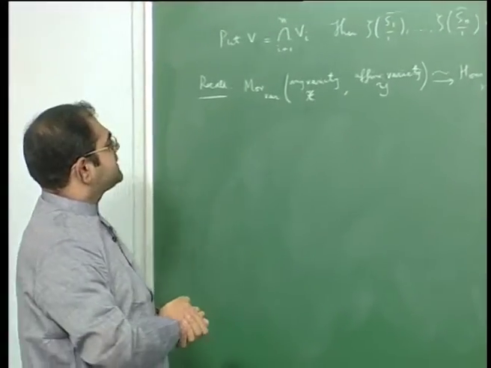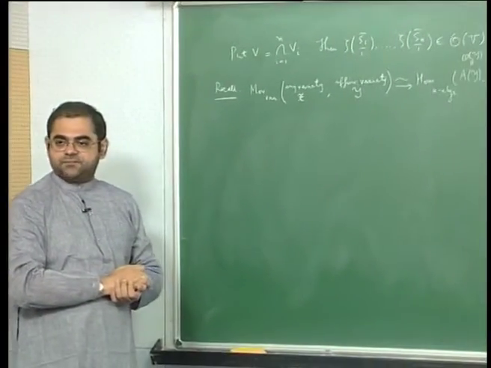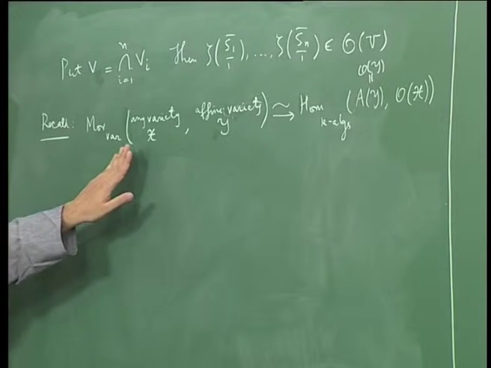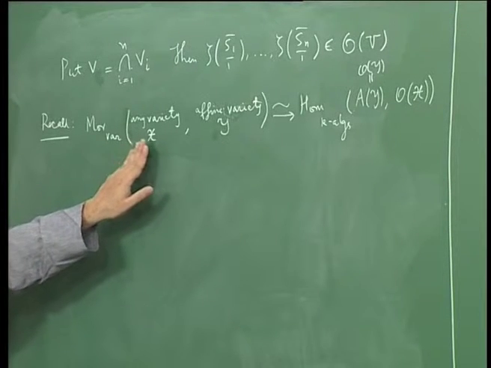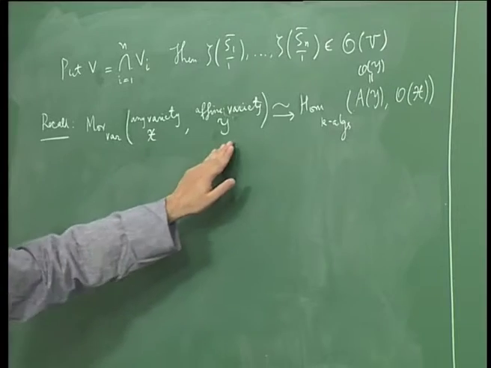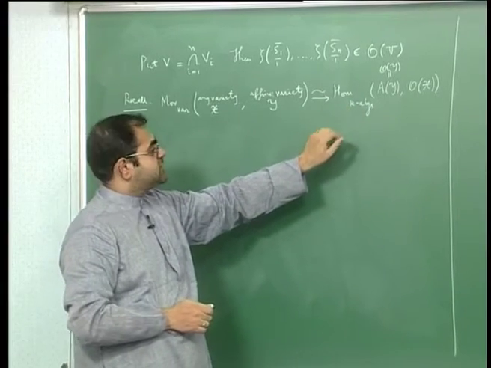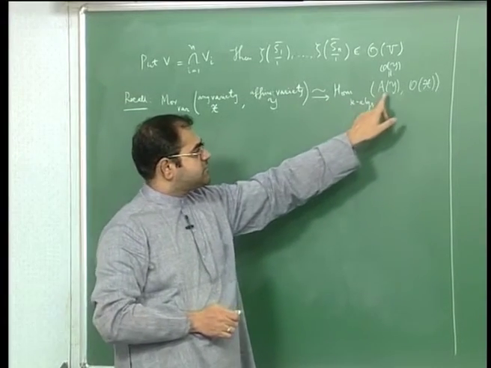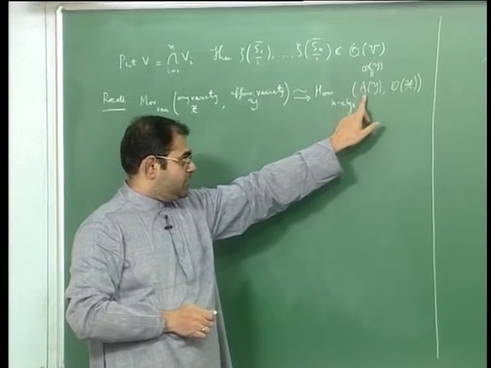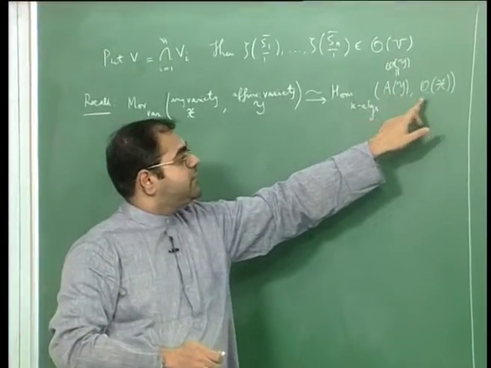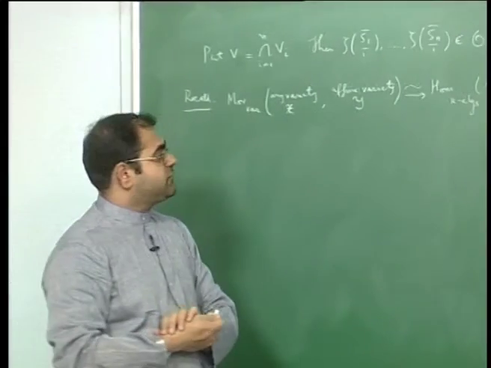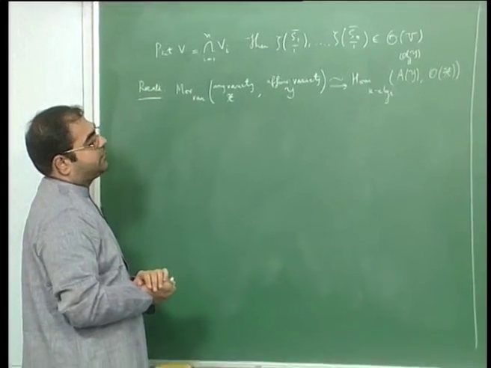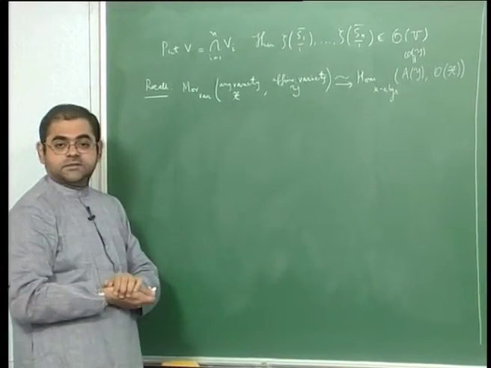We have already seen this bijection: the set of all morphisms from a variety into an affine variety is in bijective correspondence with the set of all K algebra homomorphisms from the affine coordinate ring of the target affine variety to the regular functions on the source variety, okay.